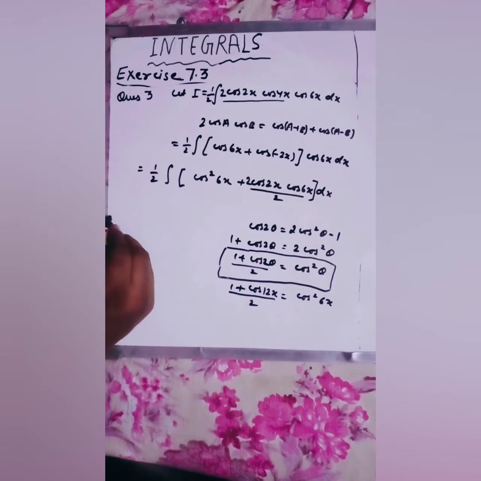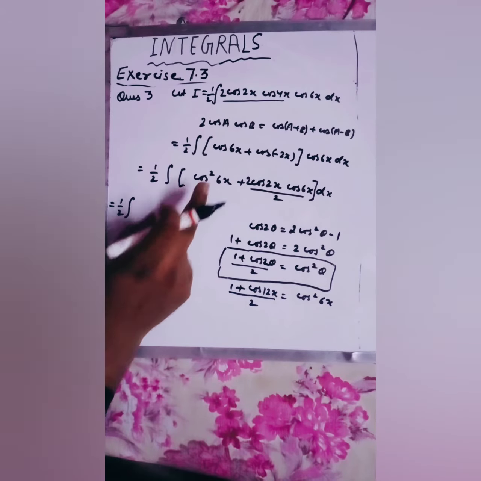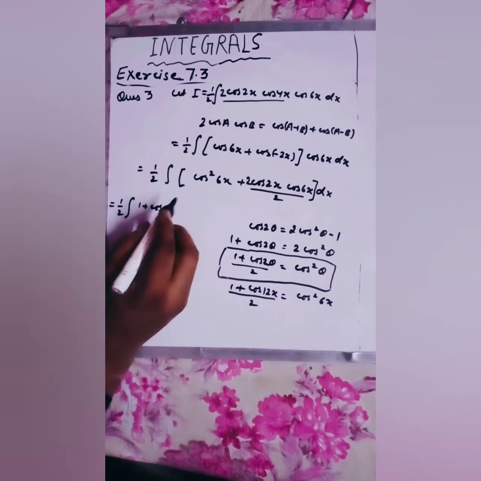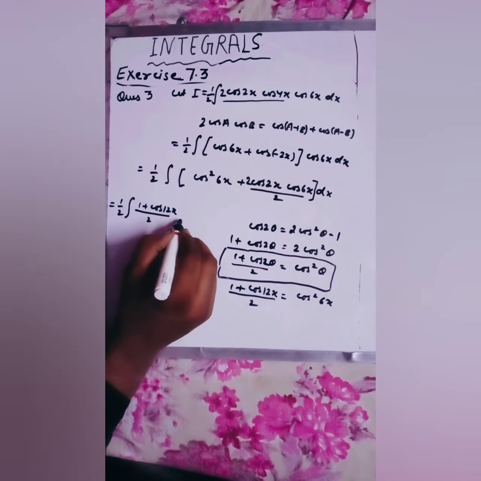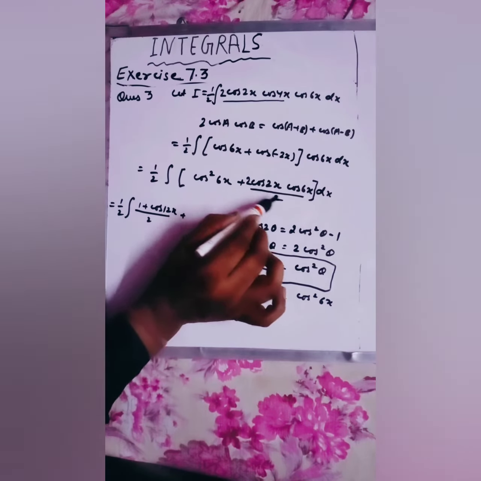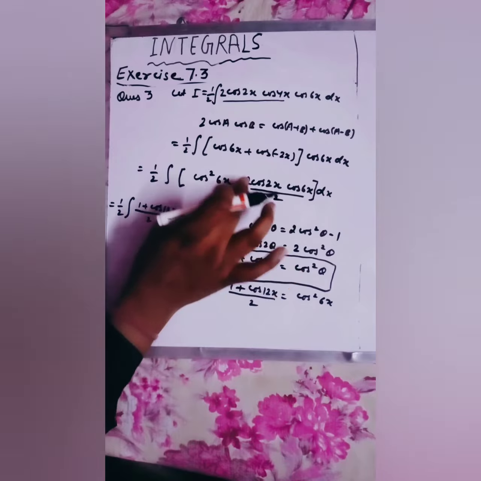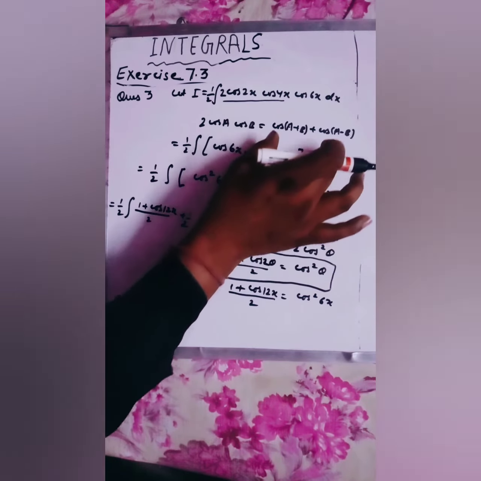So I'm solving here, just concentrate. Half integral, at a place of this, I'm writing (1 plus cos 12x), this whole upon 2, plus, now this half, I'm separating this 1 by 2, and at a place of this, apply this formula.